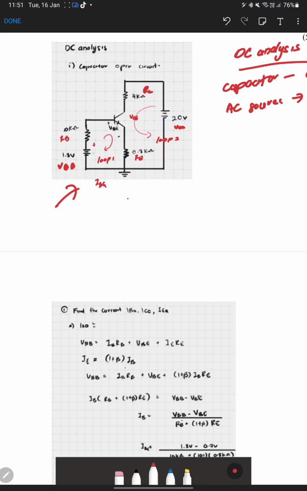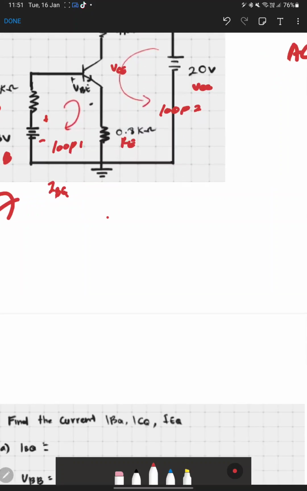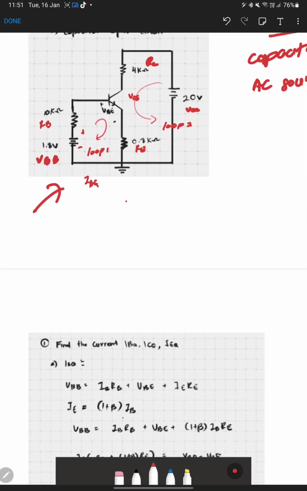If you see here, the source, the arrow starts, we meet the first value of VBB.